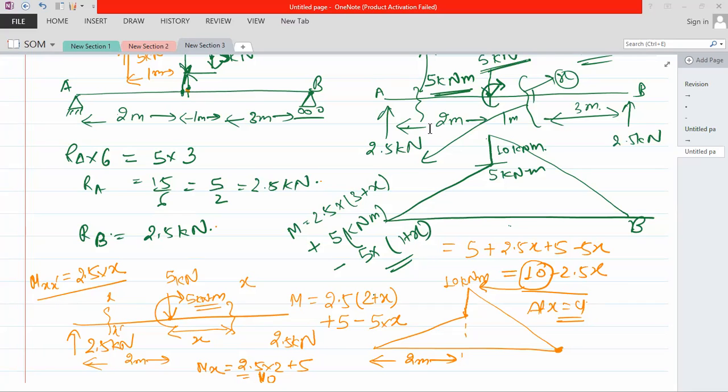So, one question from shear force and bending moment diagram, and now I will start. Any question? Okay. Now I will start new topics here: bending stresses and shear stresses. Let me solve one more question.